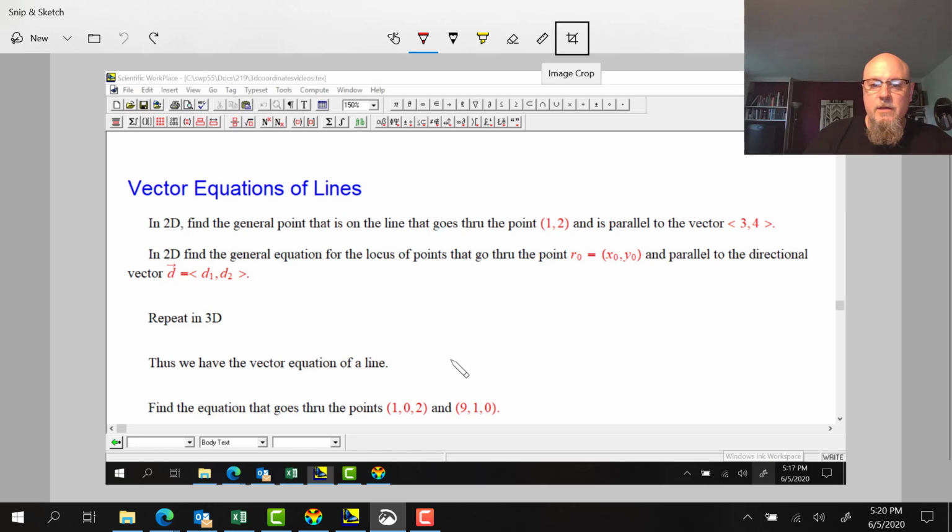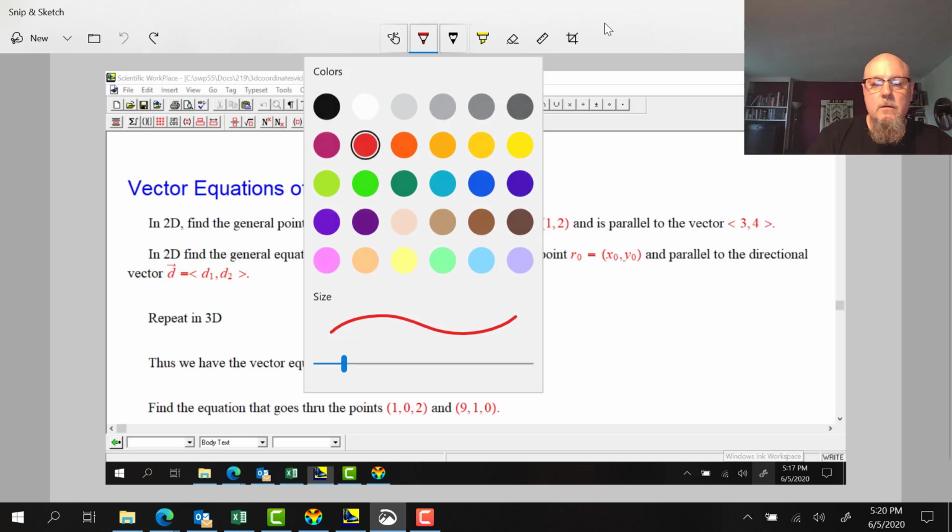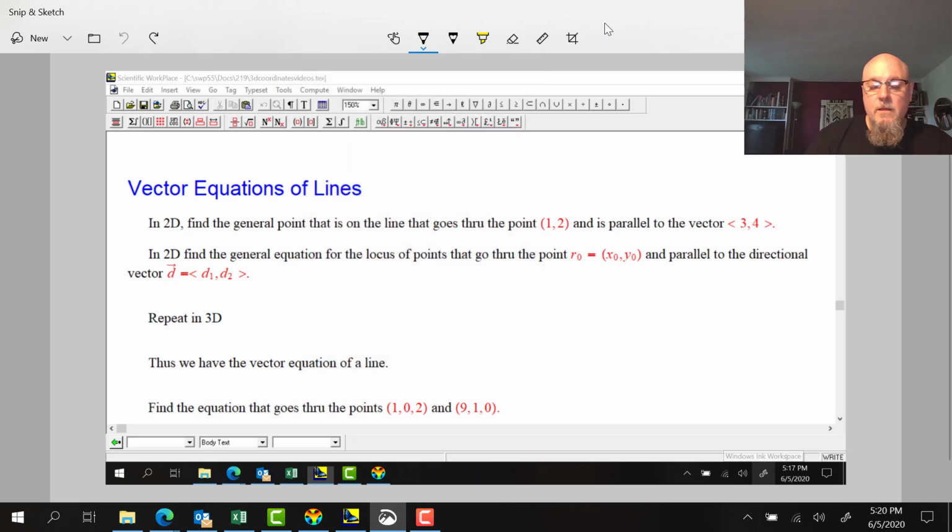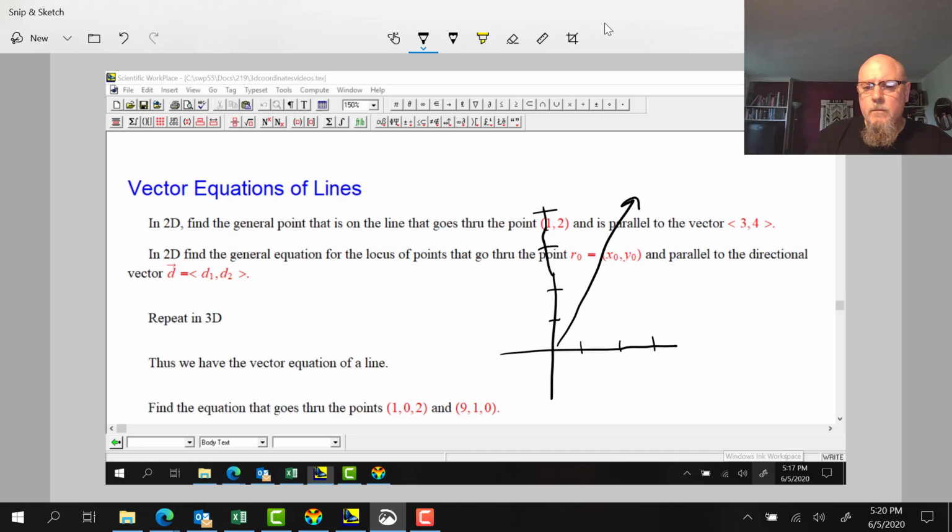So let's check this out. Here's our xy axes. Now 1, 2, 3, and 1, 2, 3, 4. There's that vector <3, 4>.